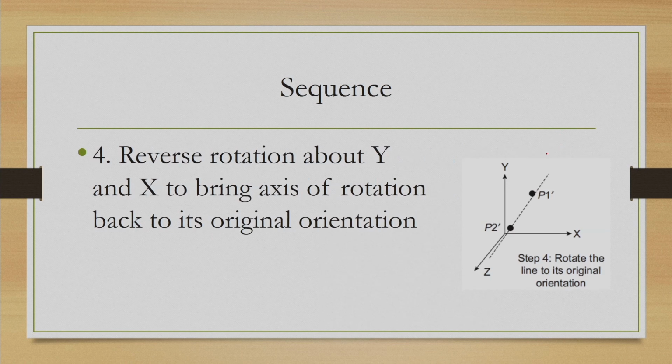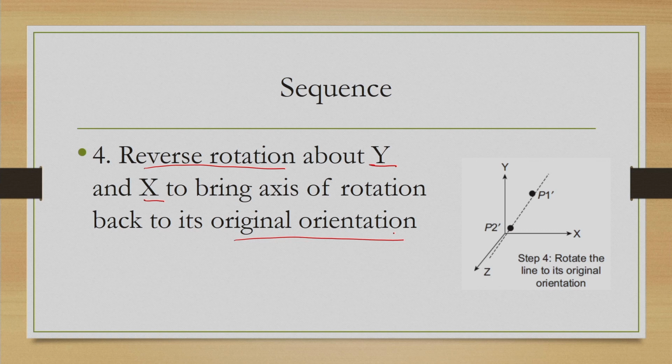Then in steps 4 and 5, we reverse the operations we performed in steps 1 and 2. So, first we take the line to its original alignment, which involves reverse rotation about the y and x axis to bring the axis of rotation back to its original orientation.